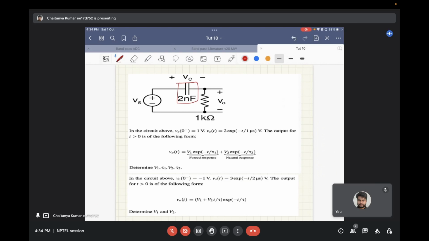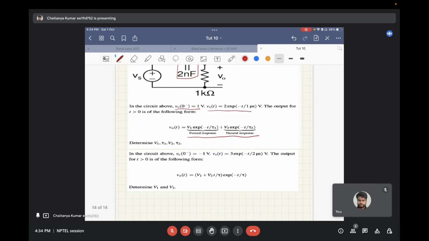It has been given that VC of 0, the initial condition, is 1 volt, and the input has been given as 2 into exponential of minus t by 1.1 microseconds. So the output you need to find again in the form of forced response and natural response.